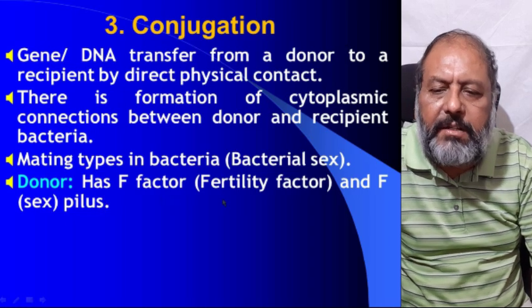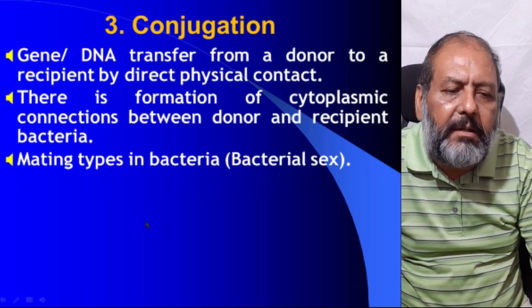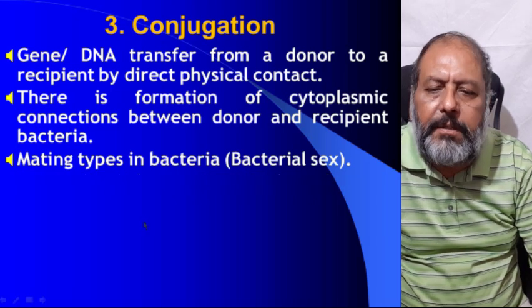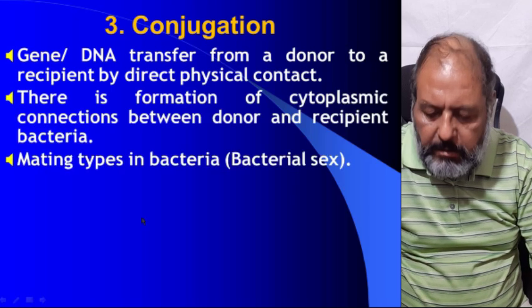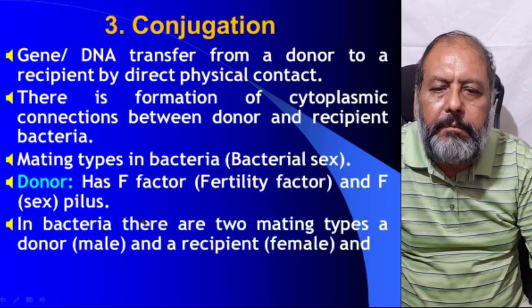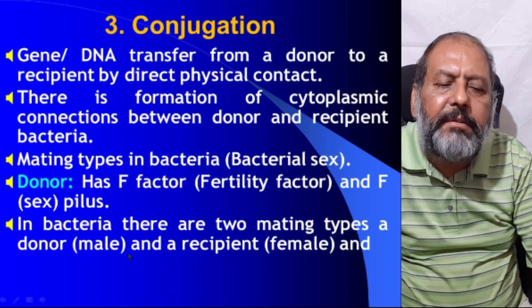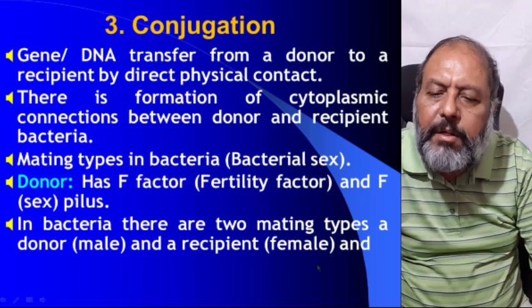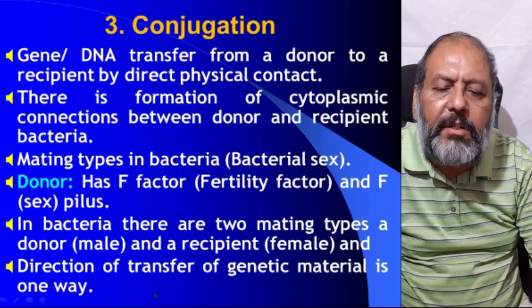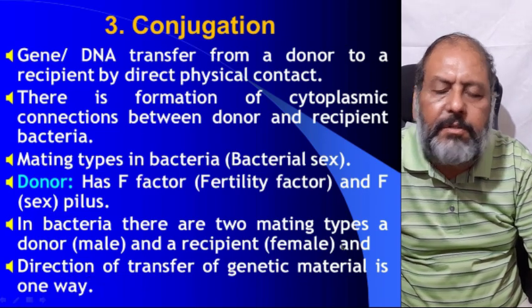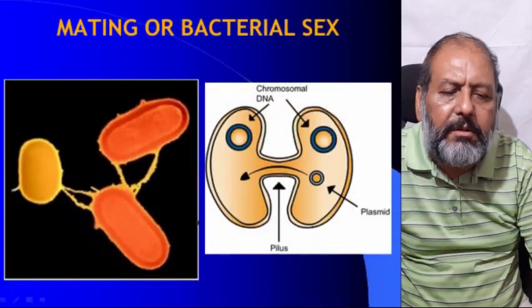The donor has the F factor, or fertility factor, and the F sex pilus. In bacteria there are two mating types, a donor male and a recipient female, and the direction of transfer of the genetic material is only one way, from the donor towards the recipient, not from the recipient to the donor.